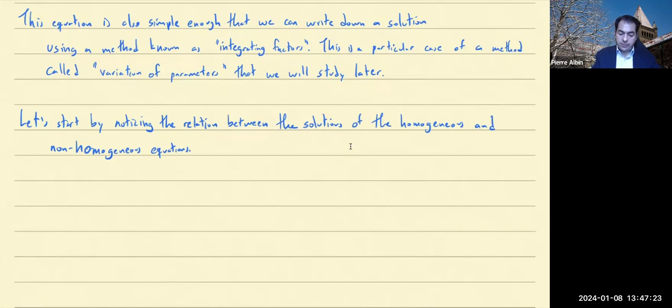Well, suppose y1 and y2 are two solutions of the same non-homogeneous equation.